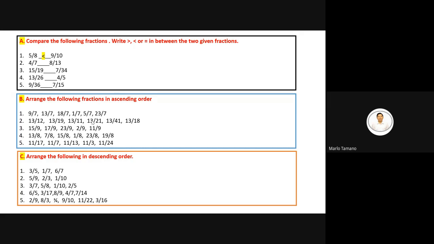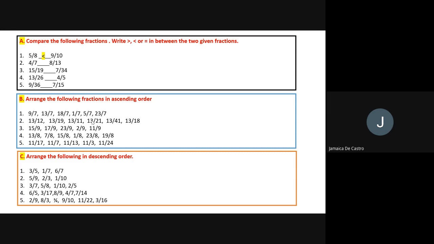It says, the greater the numerator, the greater the fraction. So 1/7, 5/7, 9/7, 13/7, 18/7, 23/7.